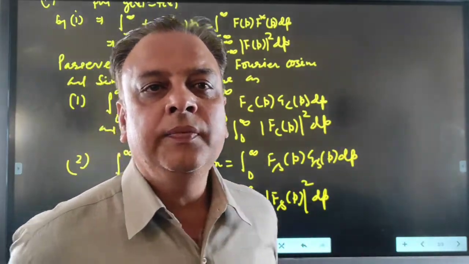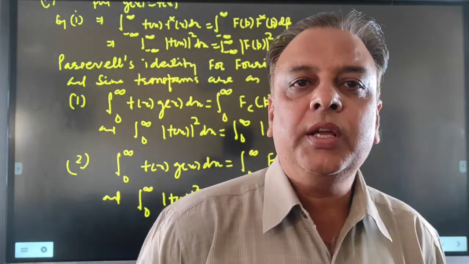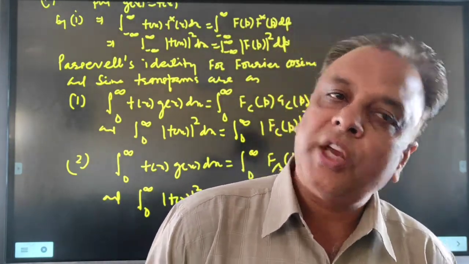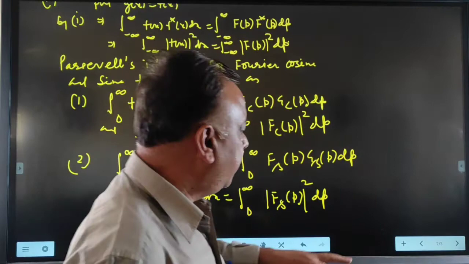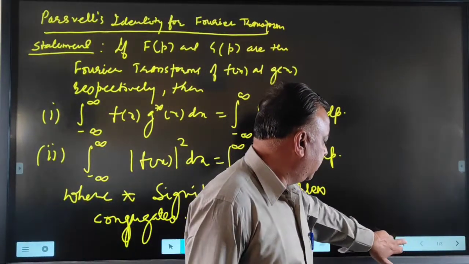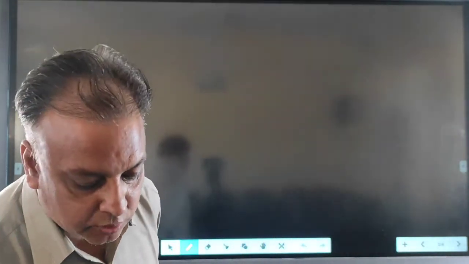So these are the Parseval's identities for the complex Fourier transformation, Fourier cosine transformation and the Fourier sine transformation. Today we use these Parseval's identities to solve some problems. We will solve some problems with the help of the Parseval's identity.